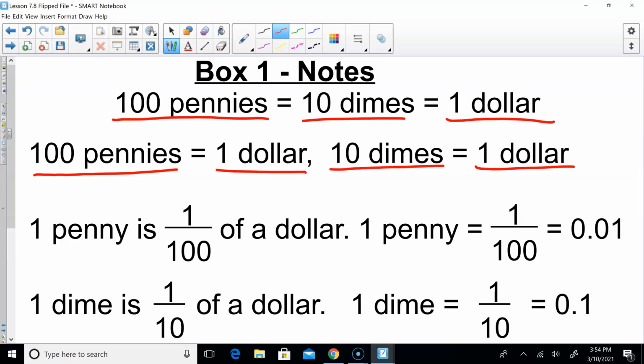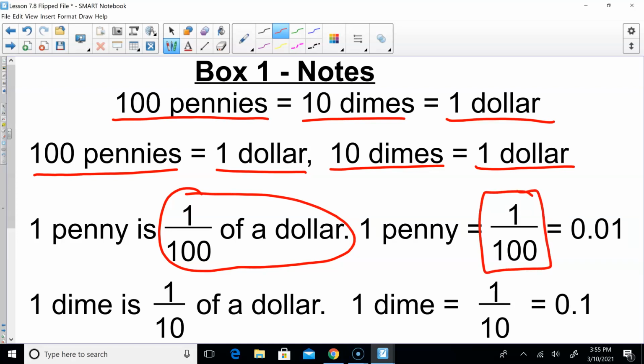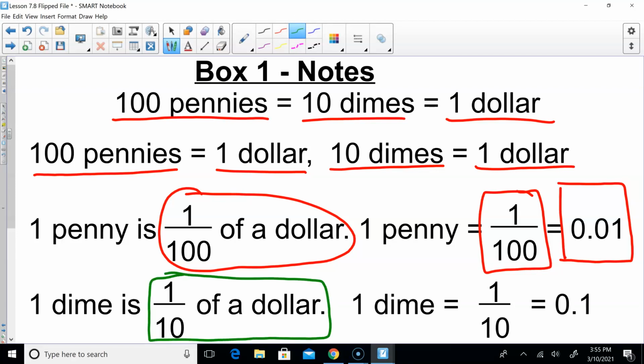What is 1 penny? Well, 1 penny is 1/100th of $1. So that means 1 penny equals this fraction, and this would be the decimal of what a penny is worth. A dime is 1/10th of $1, which is what it's worth as a fraction of $1, and this would be what it's worth as a decimal.